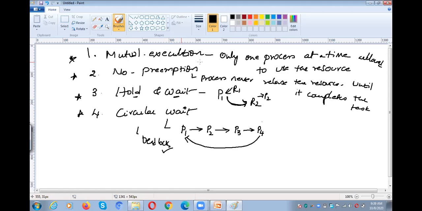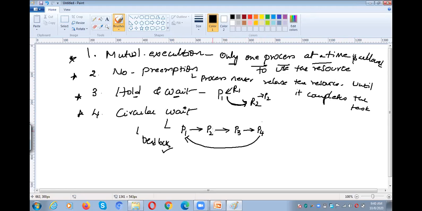What is mutual exclusion? Only one process at a time is allowed to use the resource. What is no preemption? Process never releases the resource until it completes the task. What is hold and wait? P1 is holding a resource and it is waiting for the resource which was allocated to some other process. What is circular wait?